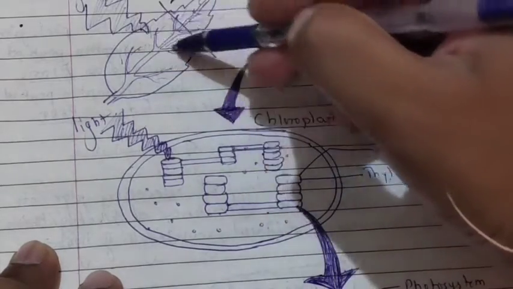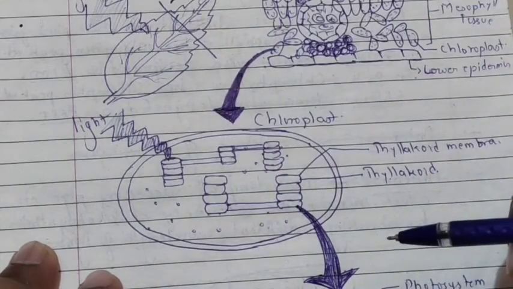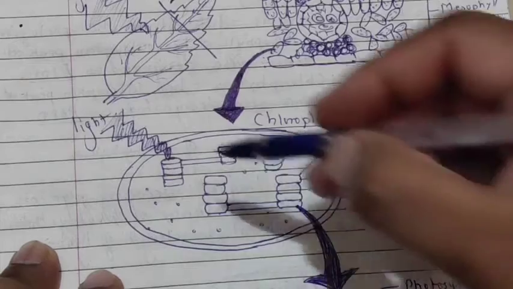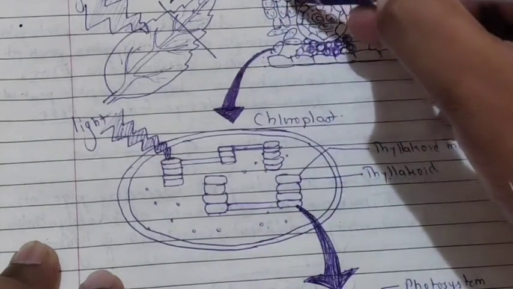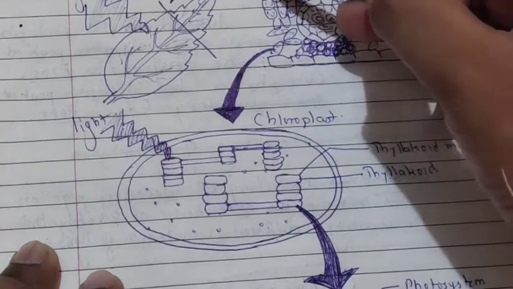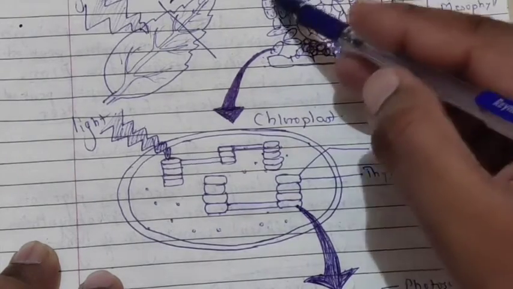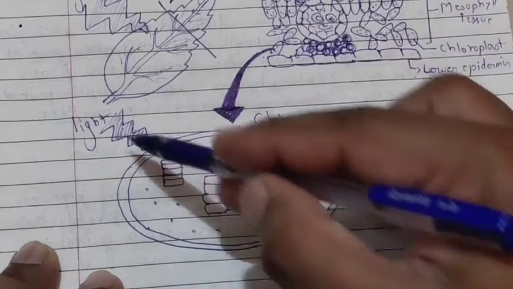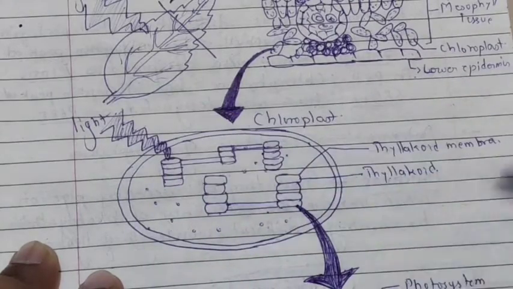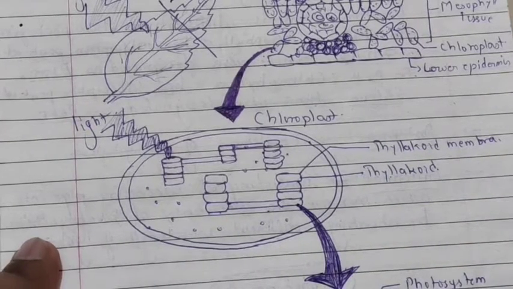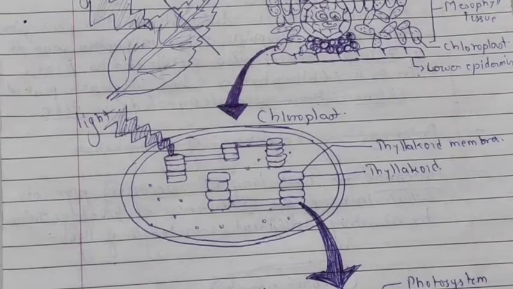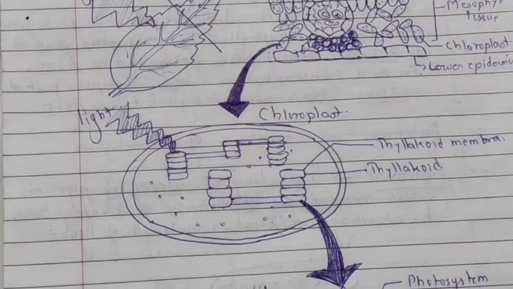The light absorbed by the leaf penetrates deep inside, through the epidermis, enters the mesophyll cells, and then enters the chloroplast. It is a specialized cell organelle found in plants and some microorganisms, as well as in lower plants like algae.